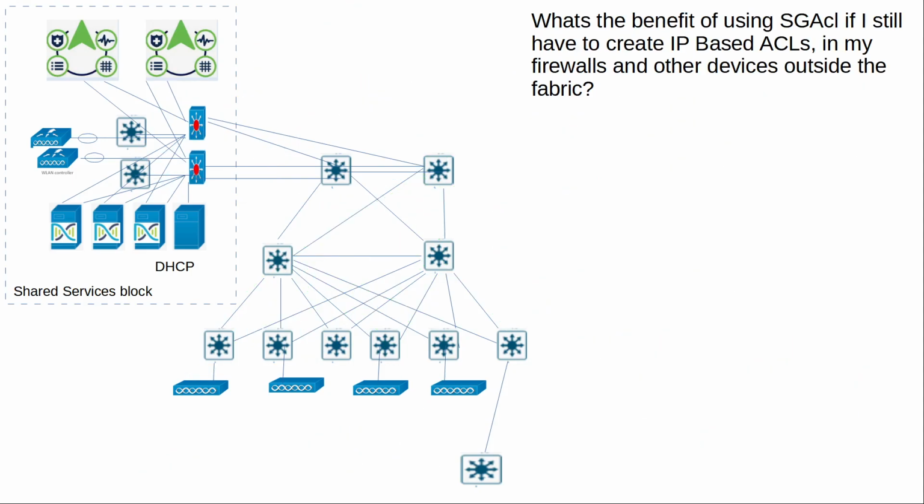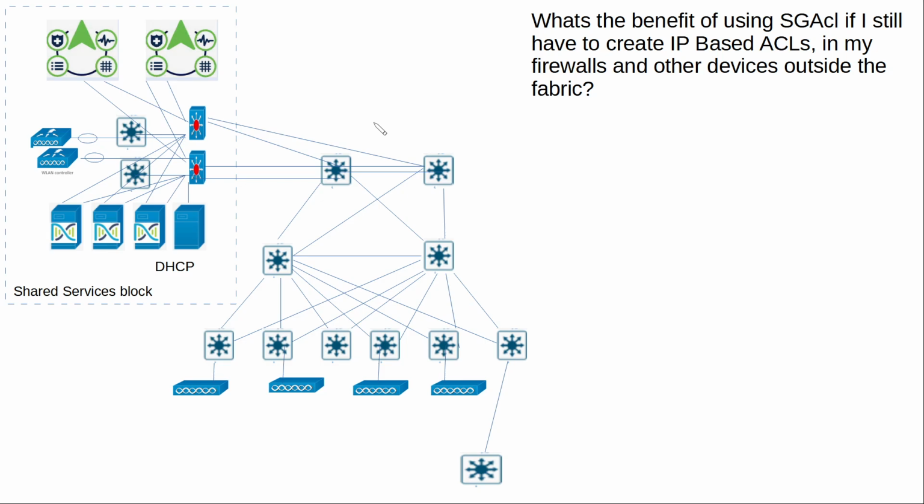So let's go for the next question. What is the benefit of using a scalable group access control list if I still have to create IP-based access control lists in my firewalls and other devices outside the fabric?